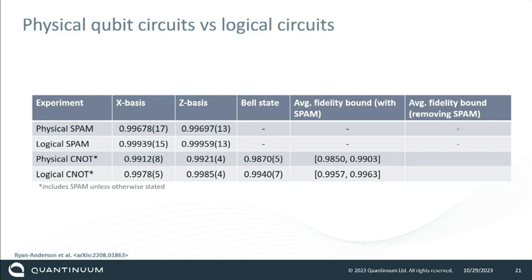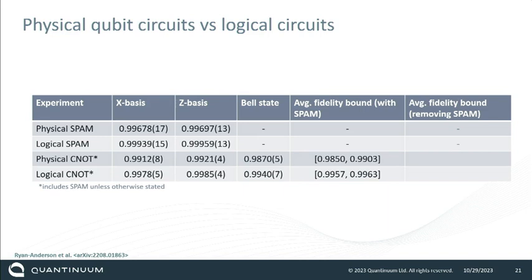In particular, these error rates were so low that we decided to run the same physical version alongside the logical version. And we do indeed see that the logical SPAM is almost an order of magnitude better than the physical SPAM. That's great. And then the physical C0 experiment is doing a bit better than the logical version.